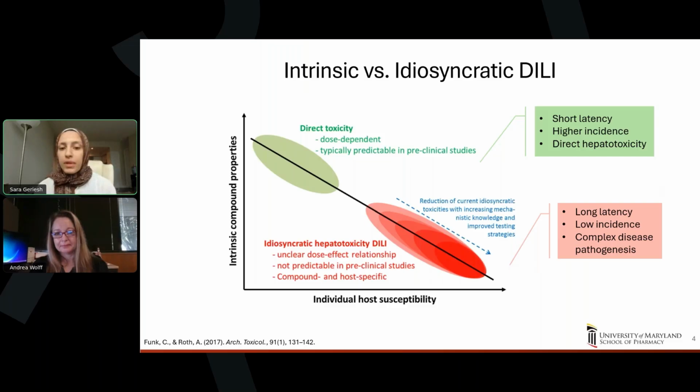It's characterized by a complex disease pathogenesis, which makes it more challenging to predict compared to intrinsic DILI. Here, the blue arrow indicates that by increasing our understanding of the mechanisms involved in drug-induced liver injury, specifically IDILI or idiosyncratic DILI, that will help us to better predict hepatotoxicity before the drug reaches the patient.